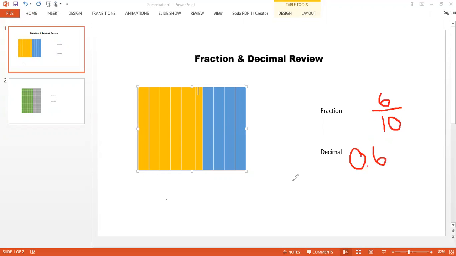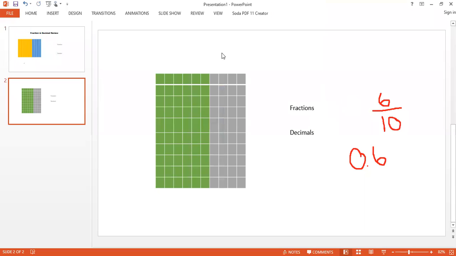Very good. Let's make these a little bit smaller. Let's say we have 10 little squares. We have 10 rows and 10 columns, and we have 10 equal squares.